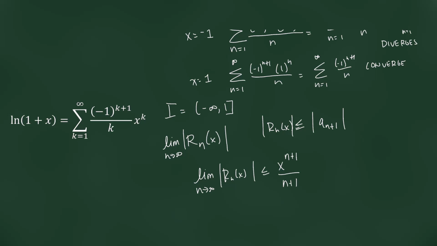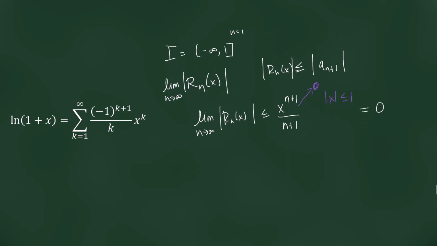And because we are on the interval, we know that the absolute value of x is less than 1. This term, as n gets really big, actually goes to 0. So our entire limit must be going to 0 because our denominator is getting bigger and bigger. So we're getting smaller and smaller numbers divided by bigger and bigger numbers. That limit is 0. What does that tell us?